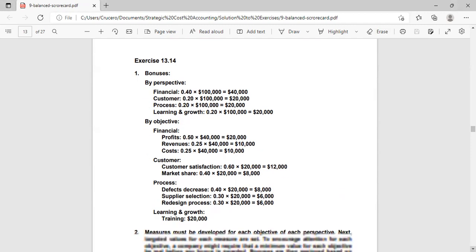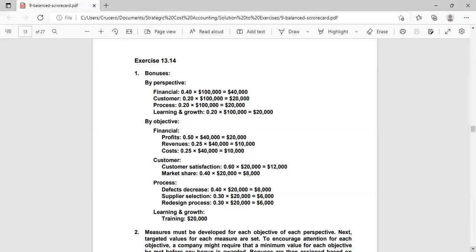Okay, so we have now requirement number 1, potential bonus for each perspective and objective. So bonuses by perspective: financial, customer, process, and learning and growth. So we have the total of 100,000 by objectives. So we have financial for profits, for revenues. So we have different figures.